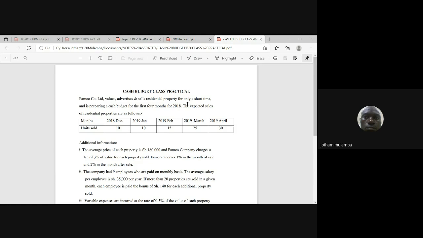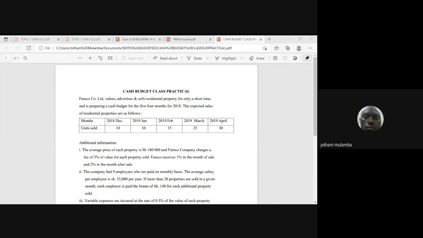They only advertise. That means once I've constructed a house and I want to sell, rather than hustling to look for a buyer, I go and talk to this Framco company. They will identify a buyer. Then once they've identified a buyer, they will be able to sell that particular house. I hope that's clear to all of us.